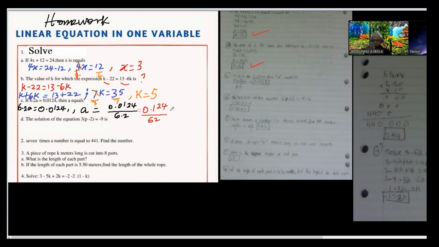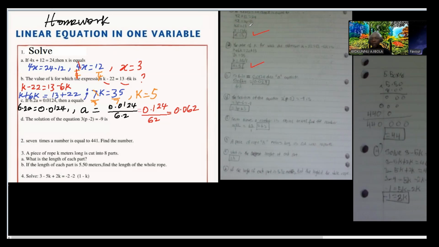We can cut them down by 2 first. 2 in 1 won't go yet, and 2 in 12 is 6, while 2 in 4 is 2.